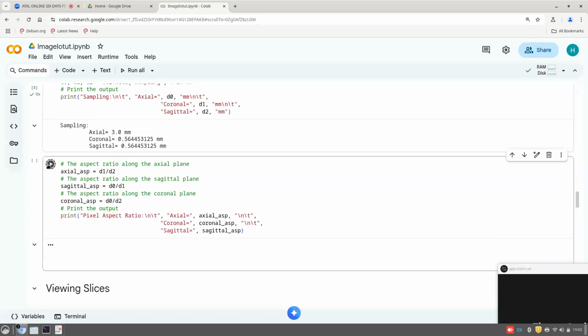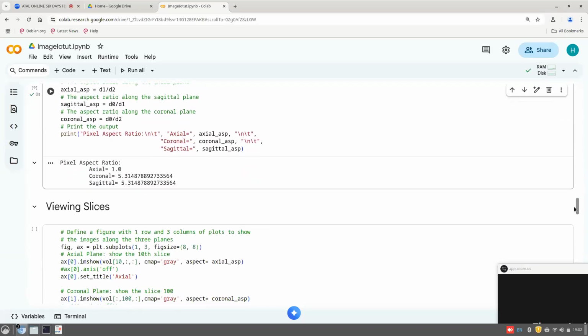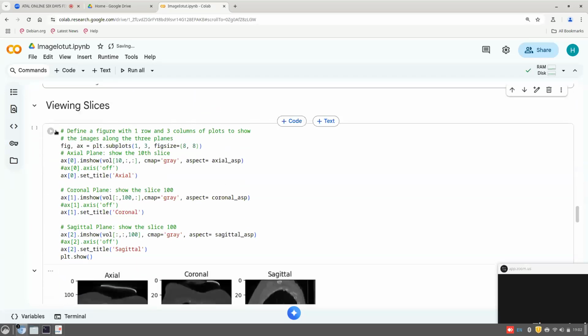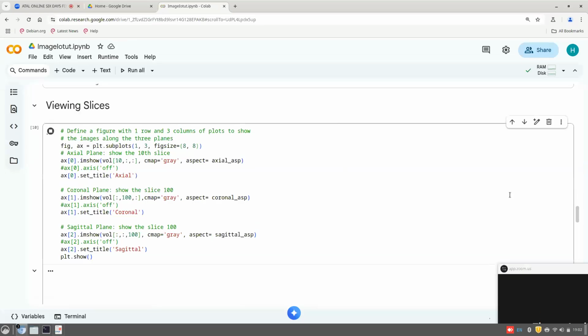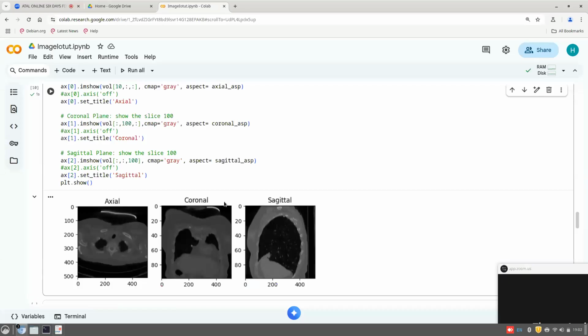And this is the aspect ratio: axial plane 1, and coronal plane and sagittal plane aspect ratio is 5.3. So it's a proportion of the thickness. Using this image volume library, you'll be able to view different slices along the axial plane, coronal plane, and sagittal plane.